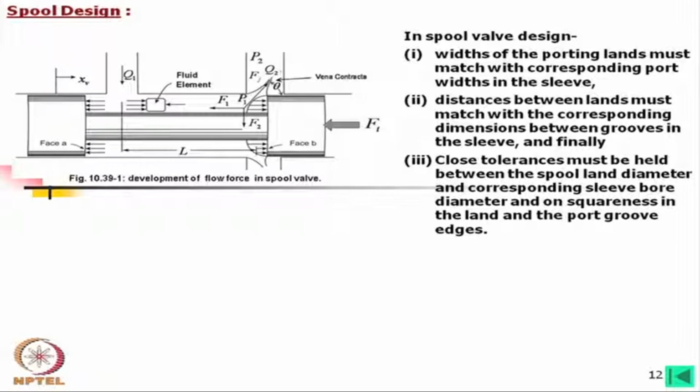This is because at the time of opening, this jet angle will be different and response will be much poorer than if we can maintain the sharp edge. Maintaining the sharp edge at the opening, there will be turbulent flow, but that turbulent flow is preferred from the response point of view.